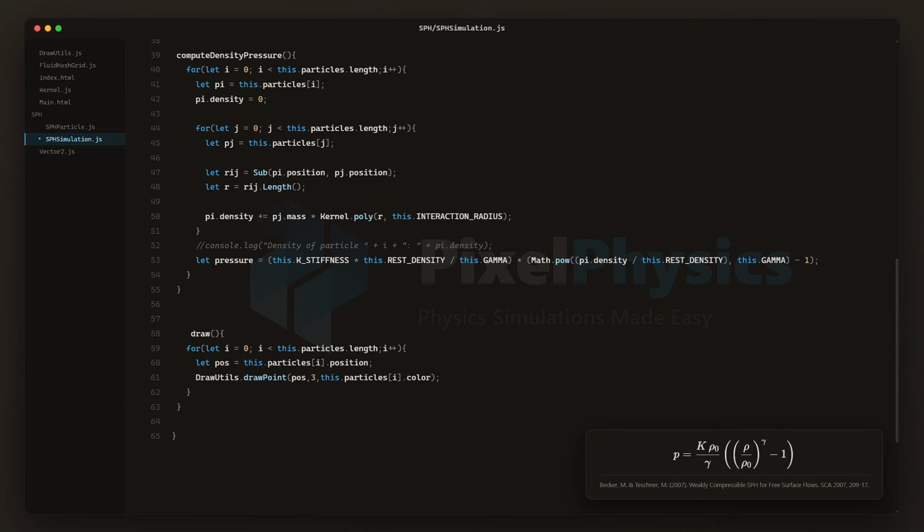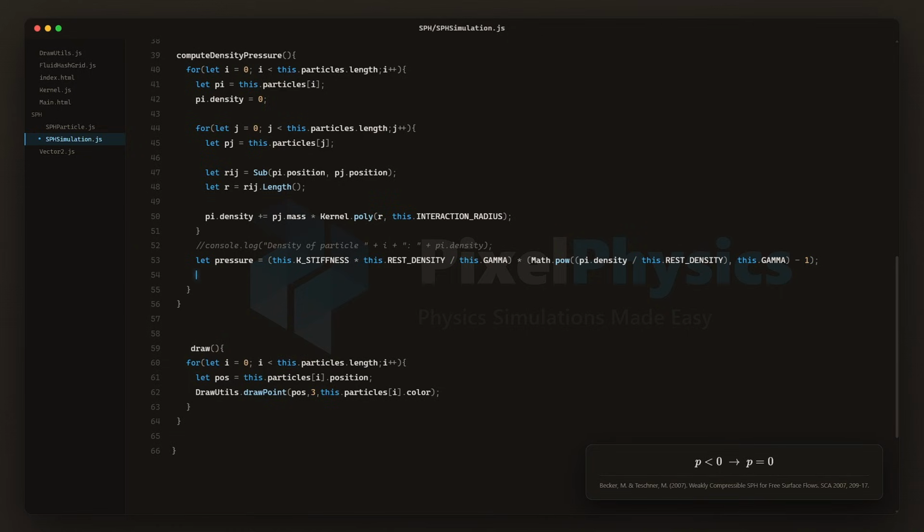We still have to do one step though. We're not done yet. We have to clamp the pressure, because a negative pressure would pull neighbors instead of pushing them away, and then the fluid would just break into clumps.